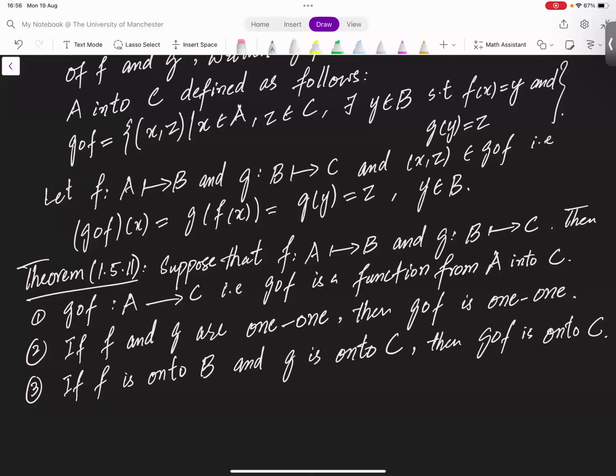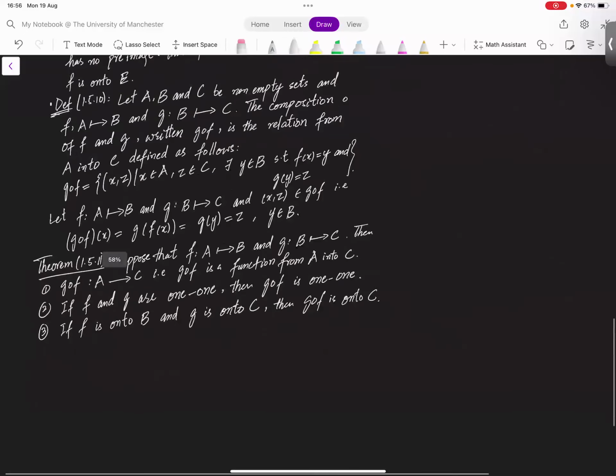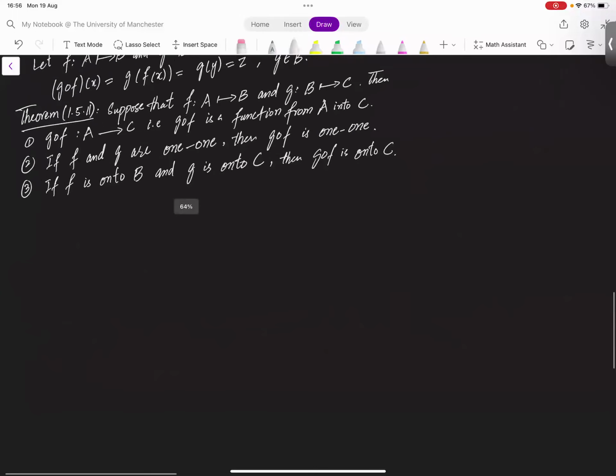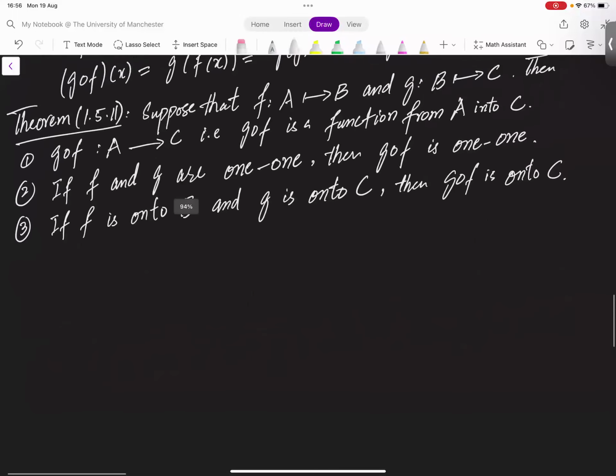We can prove these, but they are very simple, so it is not actually needed to do that.